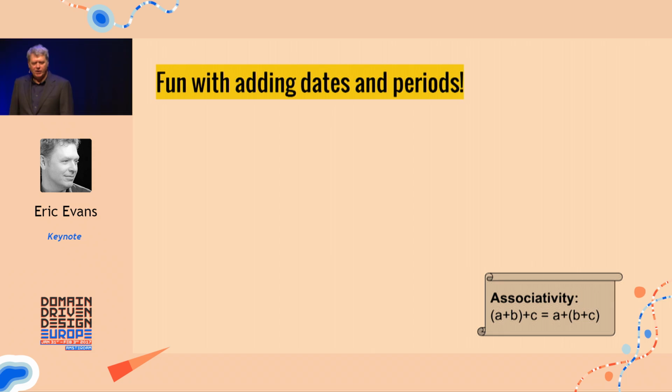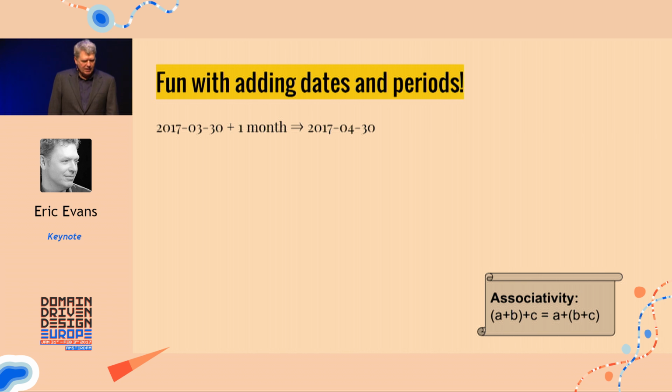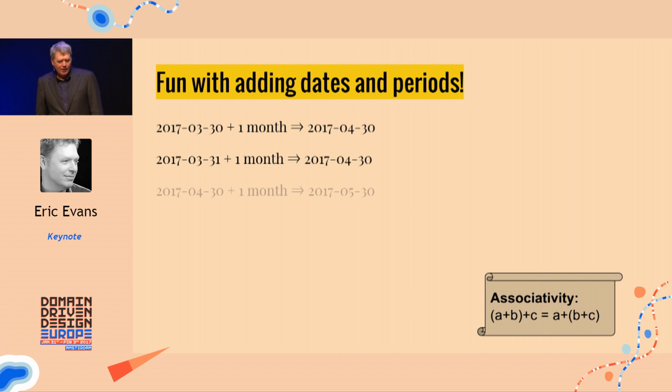Let's look a little more at this. So we have March 30th plus 1 month is April 30th. And March 31st plus 1 month is also April 30th. That's the same thing again. But here's an interesting one.